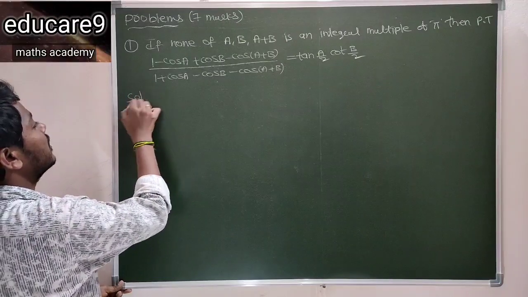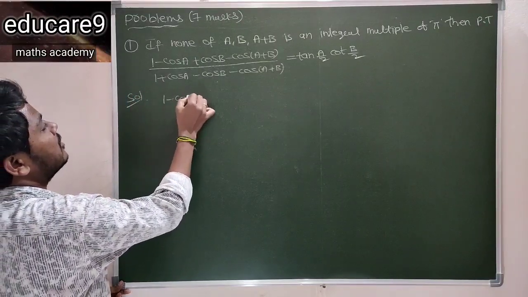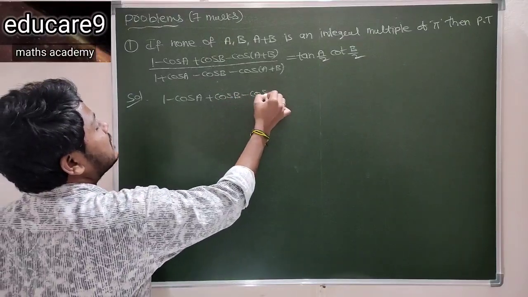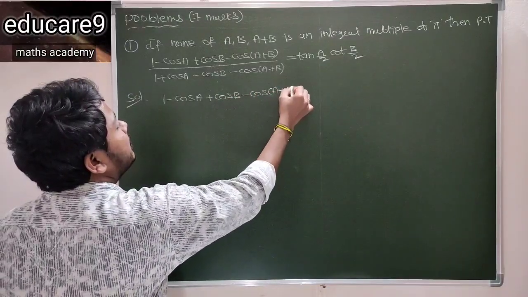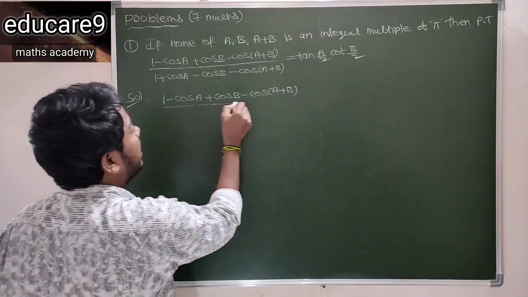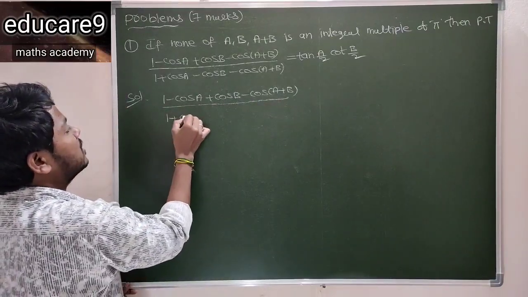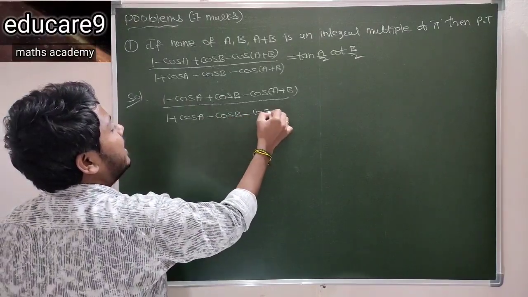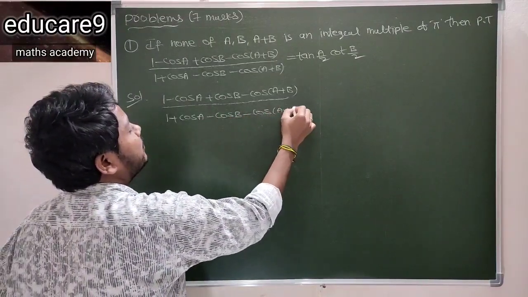See the solution. 1 minus cos A plus cos B minus cos of (A plus B), divided by 1 plus cos A minus cos B minus cos of (A plus B).